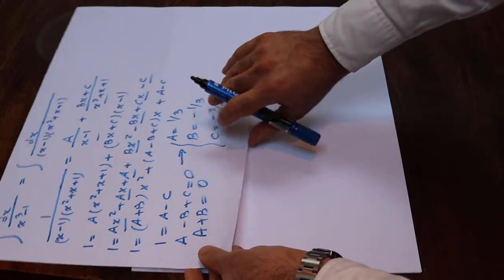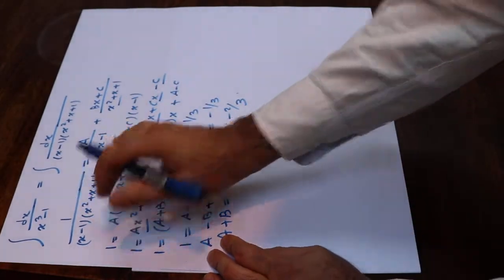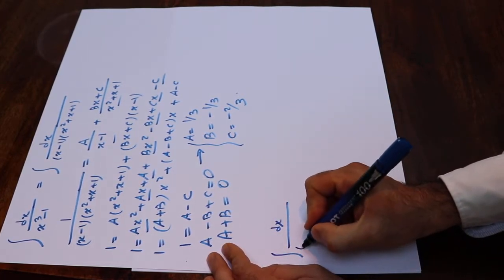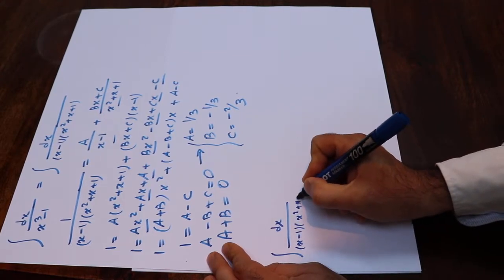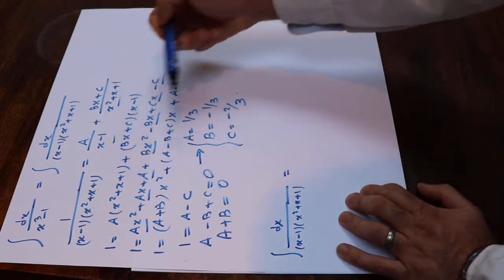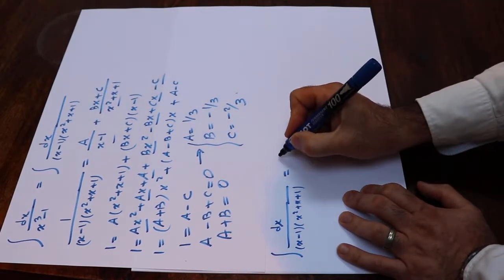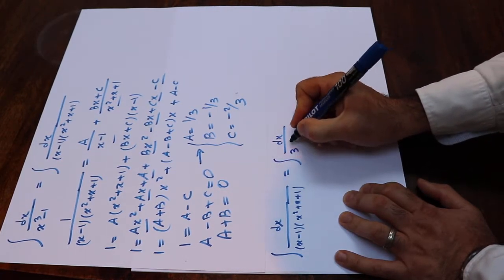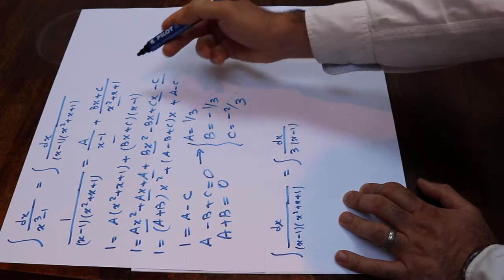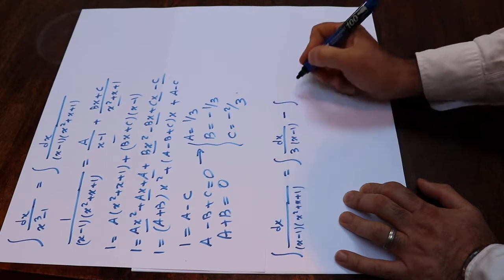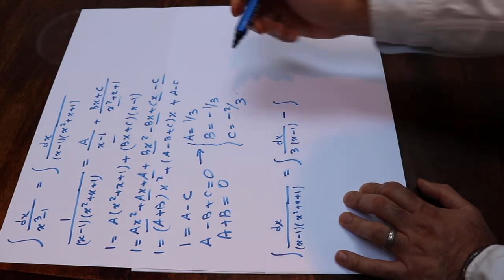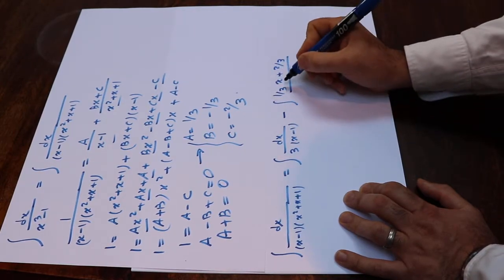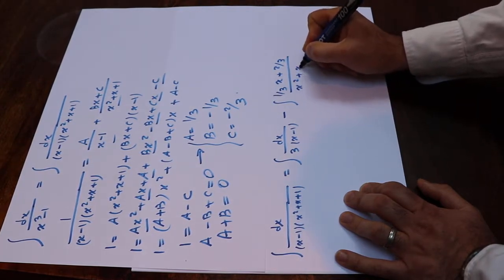Okay, so if you do that, therefore this integral, the integral of dx divided by (x minus 1) times (x² plus x plus 1) will be equal to, instead of A, I write 1 divided by 3, so that will be equal to the integral of dx divided by 3 times (x minus 1), and then here I take the minus out, the integral of (1/3 x plus 2/3) divided by x² plus x plus 1 dx.